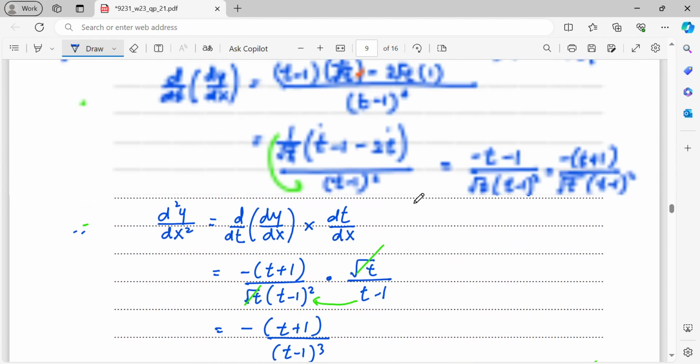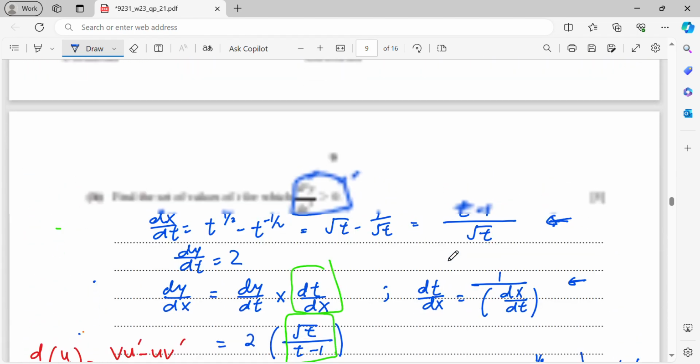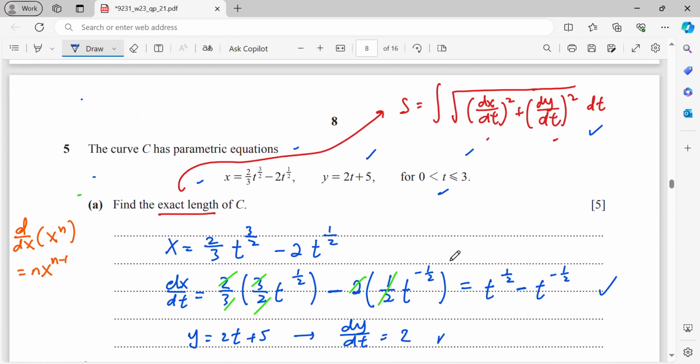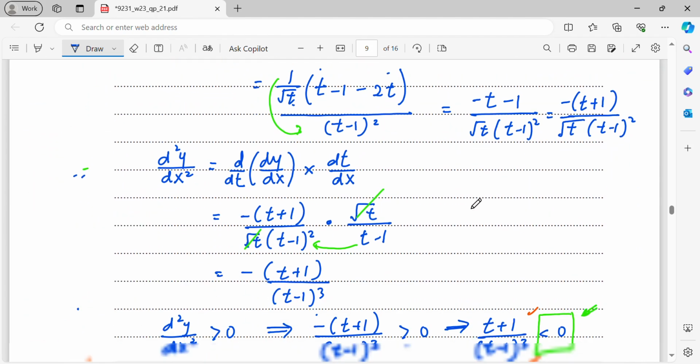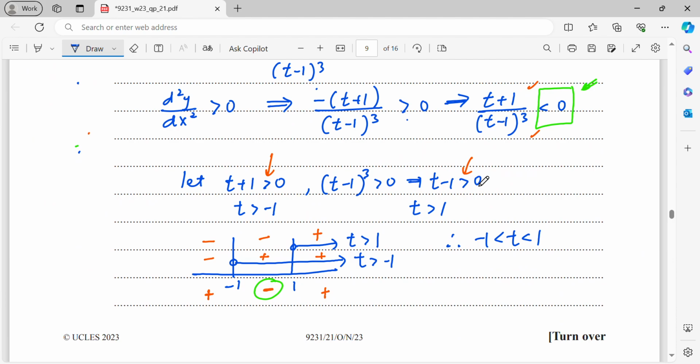Now, you look at the question carefully. Go back to the question. Your t is defined from 0 to 3. So given the t is defined from 0 to 3, that means we have to accept from 0 to 1, because from 0 to negative 1, it is not defined for the x and y.